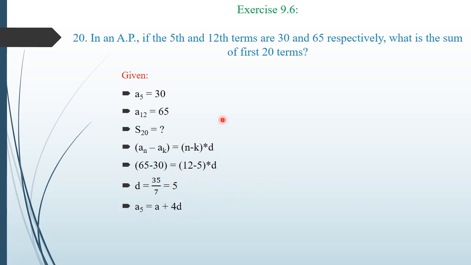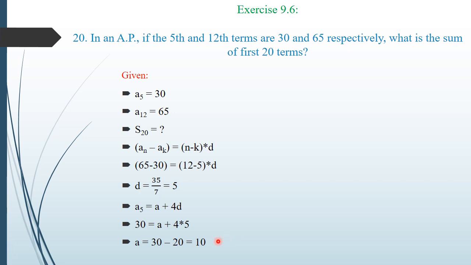Then using this term, that is fifth term, a5 is equal to 30, which I can also represent as a plus 4d. Solving this, in place of a5, I'll substitute 30 and a as it is. 4 into, in place of d, I'll substitute the 5, which I just now calculated. Simplifying this, I'll get answer for a as 10.